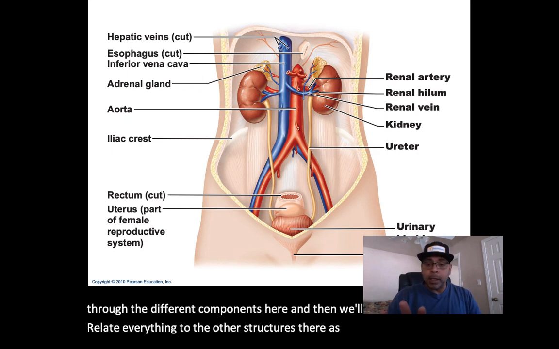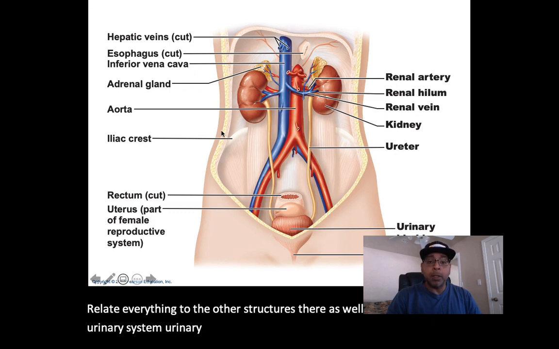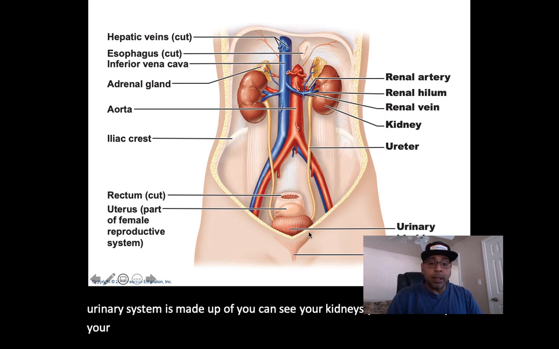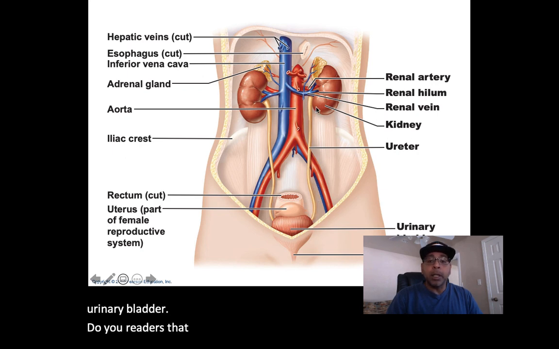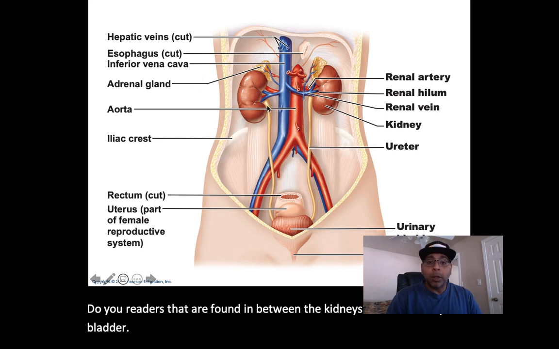When we talk about what the urinary system is made up of, you can see your two kidneys, your urinary bladder, the ureters that are found in between the kidneys and the urinary bladder, and your urethra.